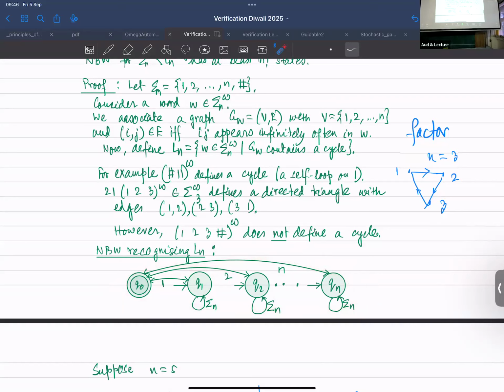Essentially, for all the letters in sigma n, you have a state Q0, which is the good state of the NBW, or an accepting state. So what are we going to do?